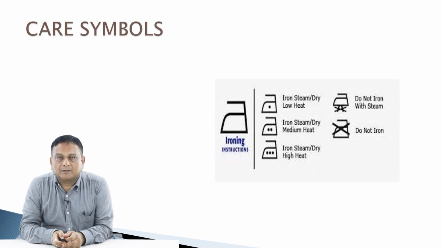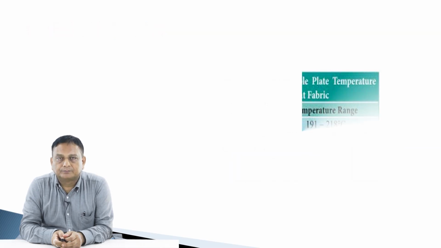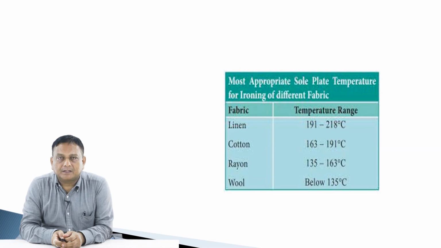Now, when you are talking about care symbols, there are various symbols available in ironing: iron in low heat, medium heat and high heat. Those kinds of symbols will be on the garment. Temperature ranges are also available, according to which type of fabric and which temperature zone will be selected.